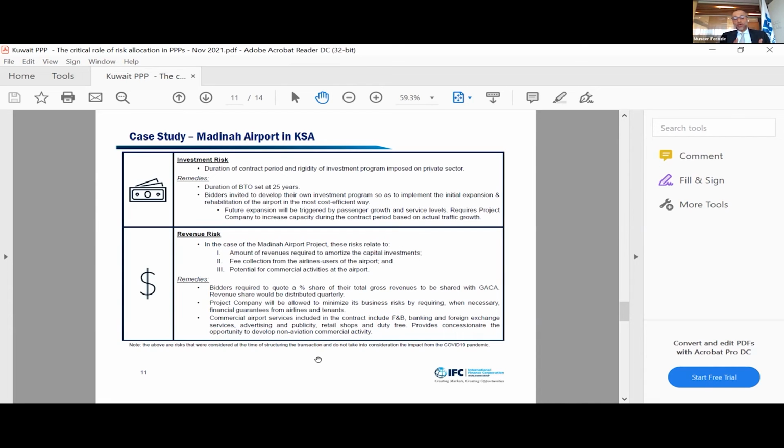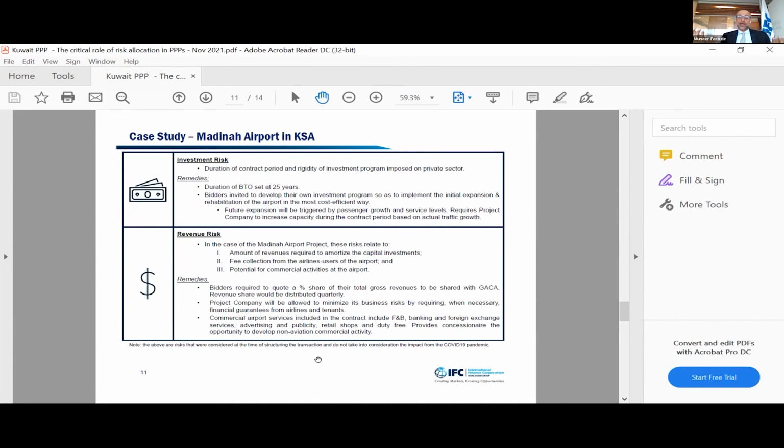And then we basically were not prescriptive. We basically said we want to meet X number of KPIs, right? You do your own traffic forecasting, and based on that, propose an investment program. And in terms of future expansion, we basically linked it to the passenger growth, volumes, and service levels. So as I said, it was a very output-based kind of a contract.